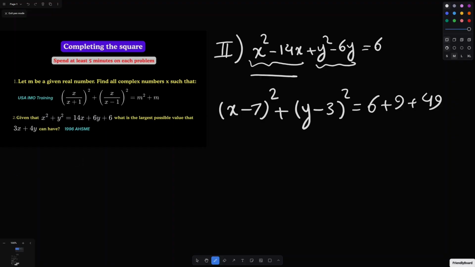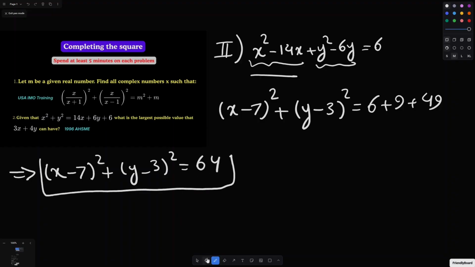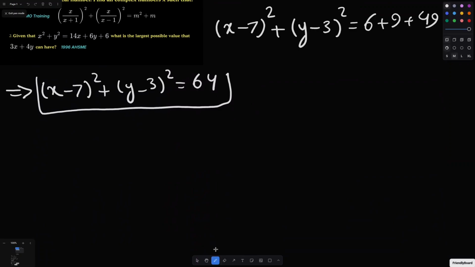That's what we have. Now if we write it again and add everything together, we're going to get (x minus 7)² plus (y minus 3)² equals 64. And this is what we are going to deal with right now. You need to understand what this equation is. This is the equation of a circle.